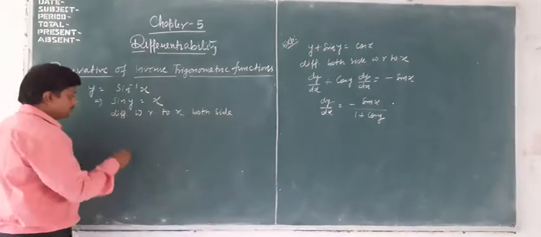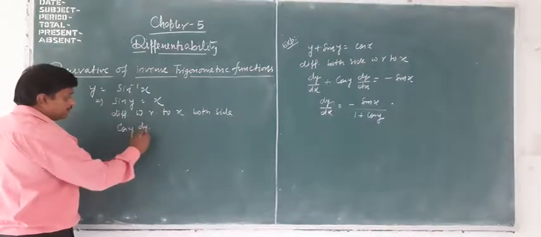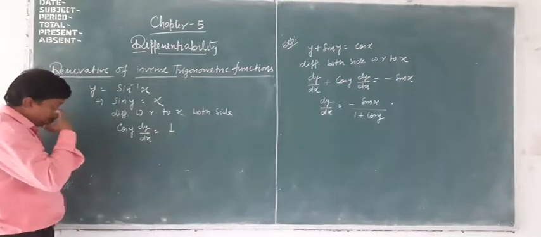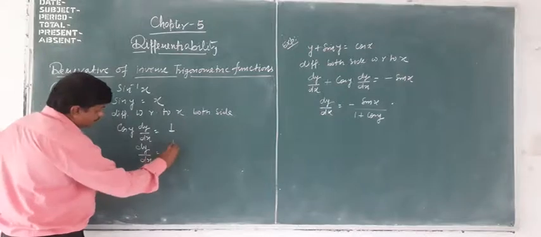So we get the derivative of sin y is cos y, and the derivative of y is dy by dx, and the derivative of x is 1. So dy by dx equals 1 by cos y.